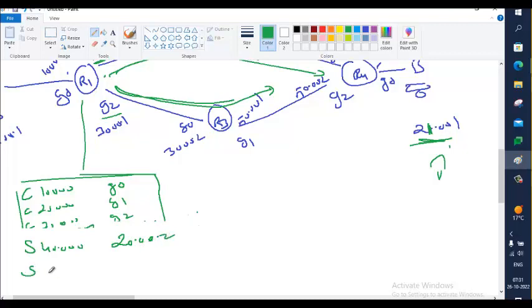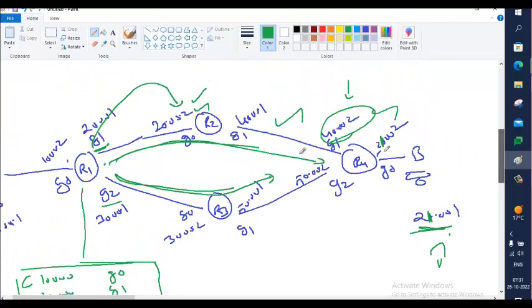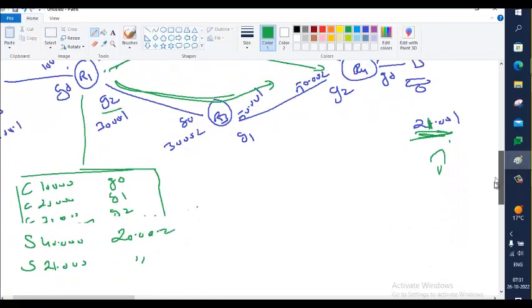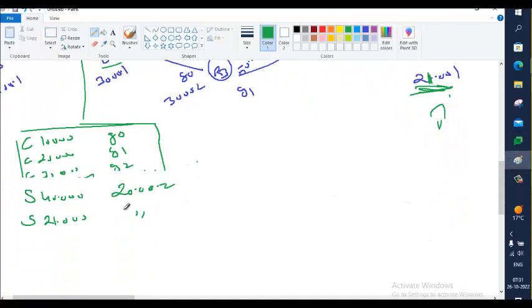Static 21 network, actually we should say the same 20002. We should say only the immediate router. But by mistake, some people say this one because 21 is connected to router 4, they say 40002.